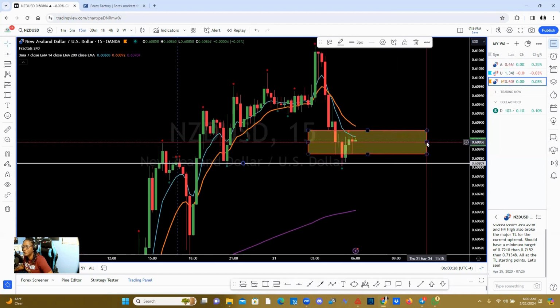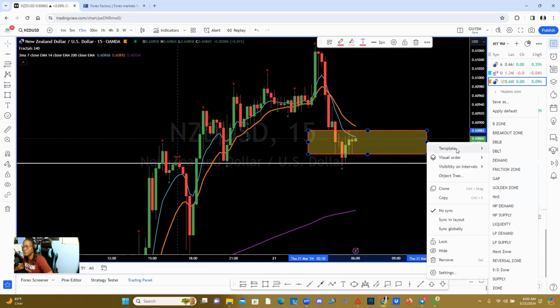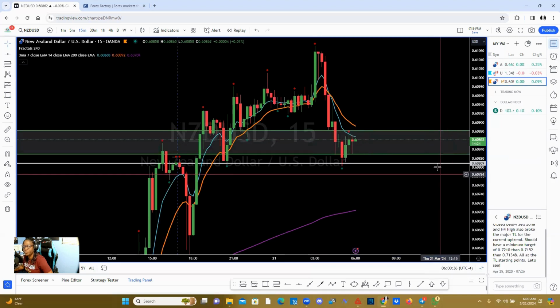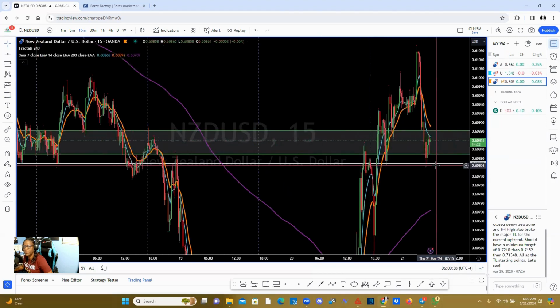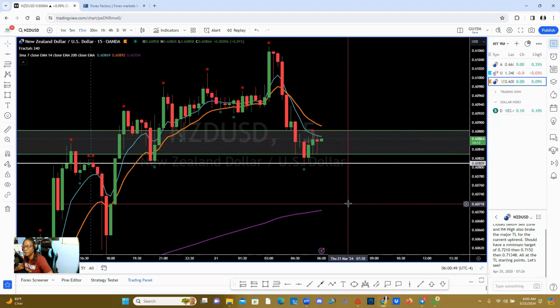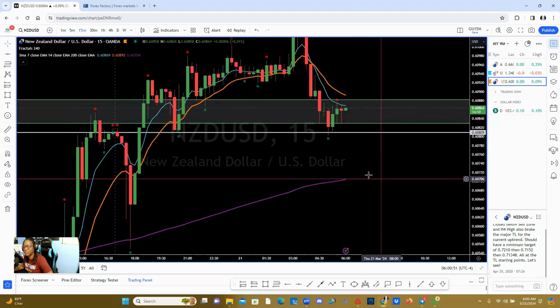Let's see what happens. But right now, as it is now, the Zealand dollar is in sell mode. They could be targeting this area.